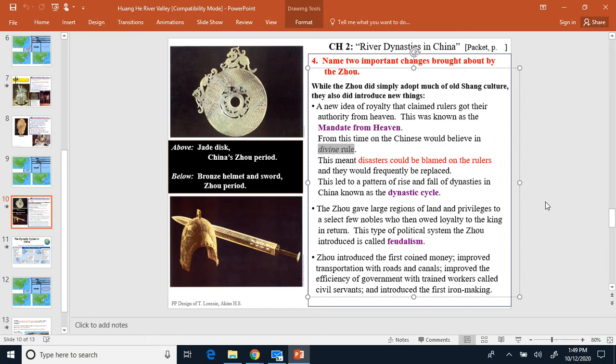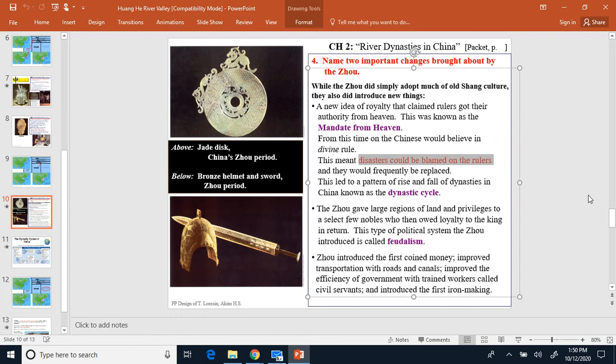So that means whenever something bad happens, since you said the gods put you in charge, it must be because the gods are angry with you. So disasters could be blamed on the rulers. Go ahead and make it 2. And write down disasters could be blamed on the rulers.